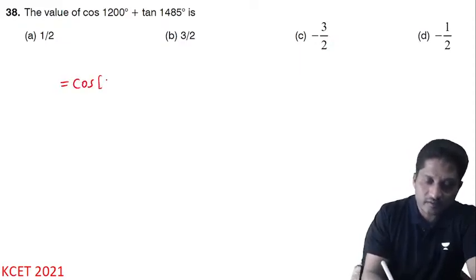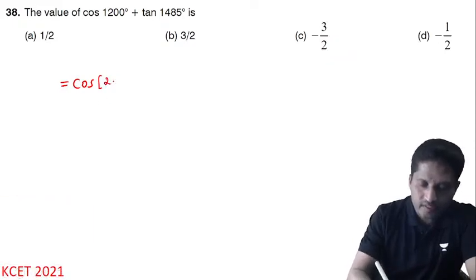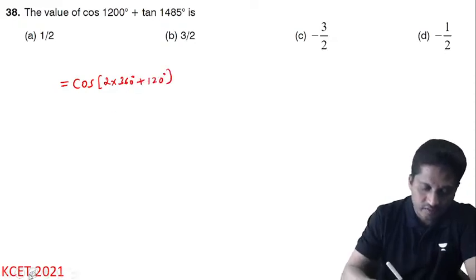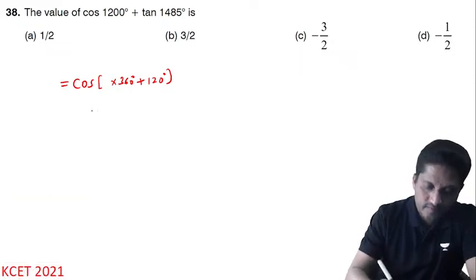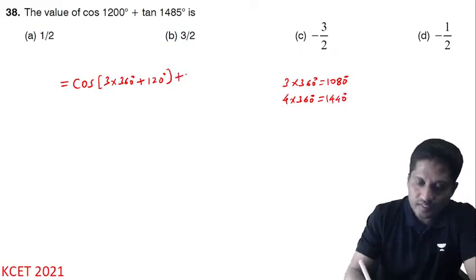I can write this as 2 into 360 plus 480... 3 into 360 is 1080, and 4 into 360 is equal to 1440. This is tan of 4 into 360 plus 45.